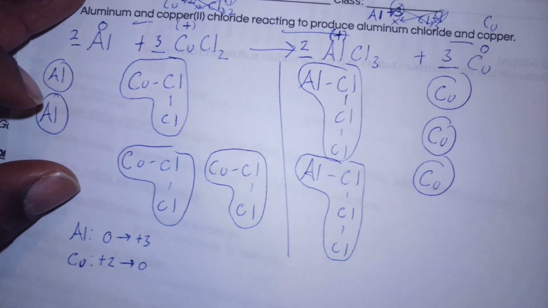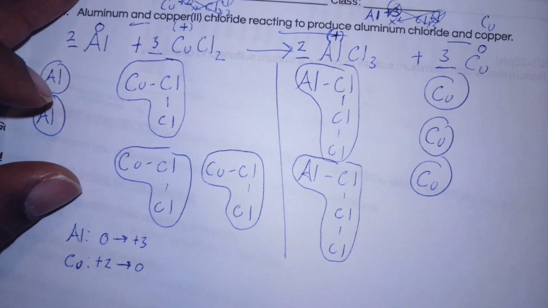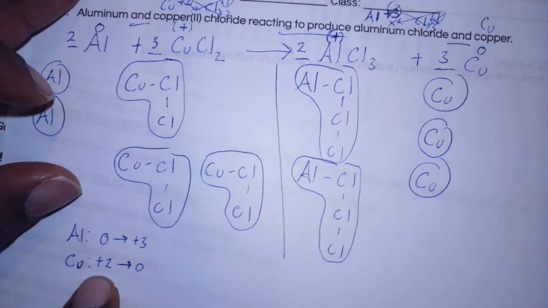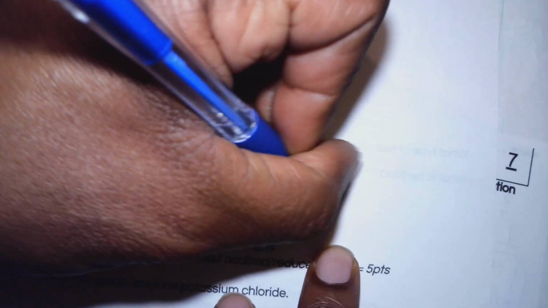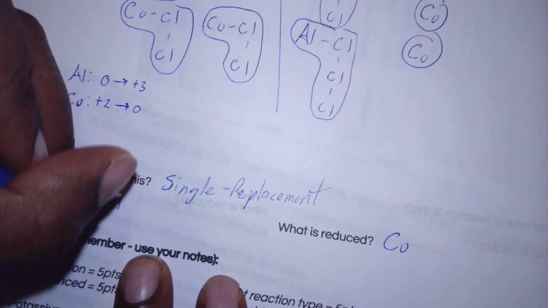So the question is, which one is going down? As we look at it, if you go from positive to 0, you're going down. So the one that is reduced is the copper, and the one that was oxidized was the aluminum.